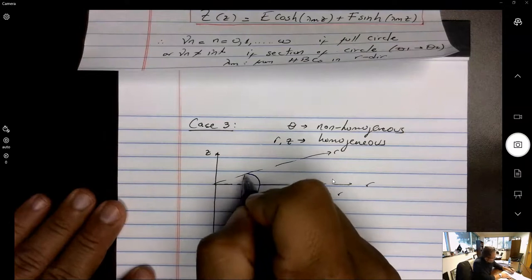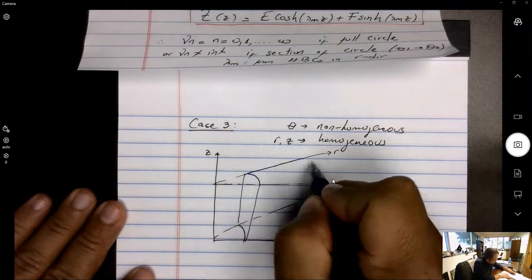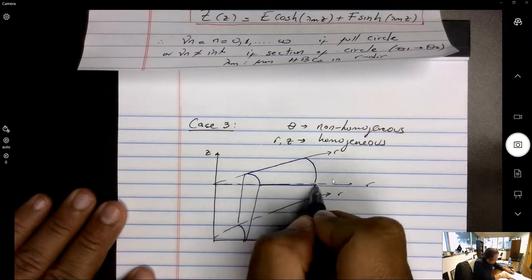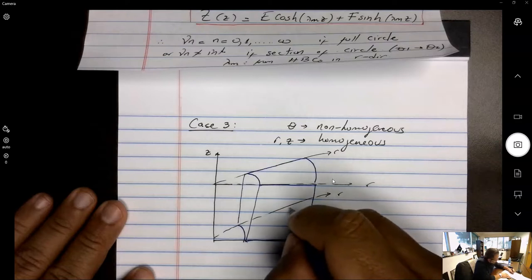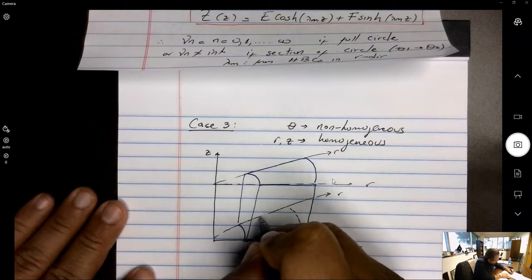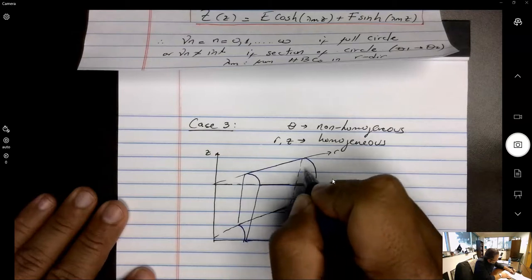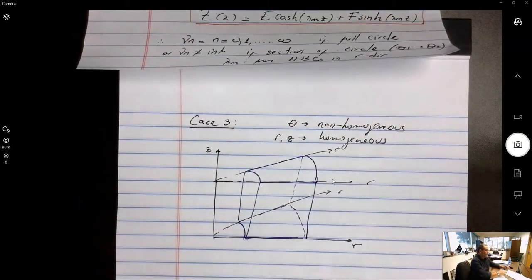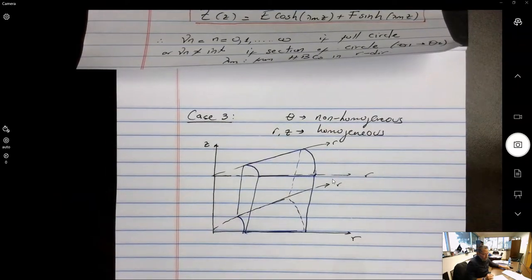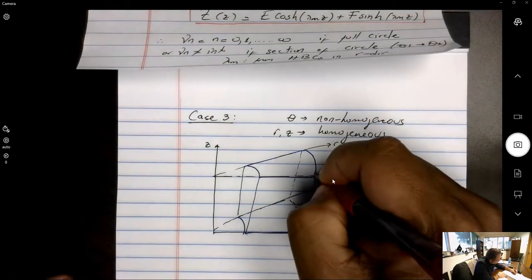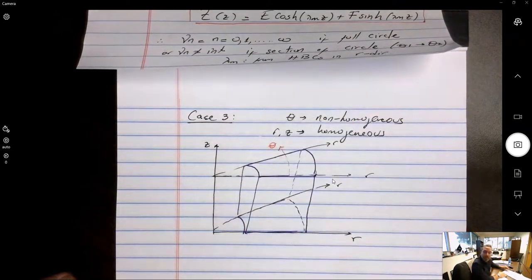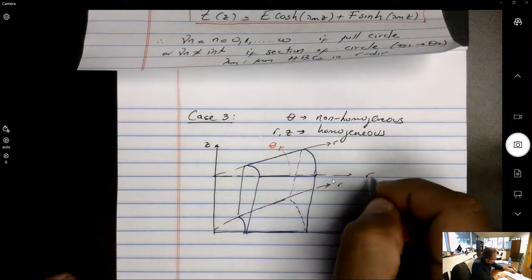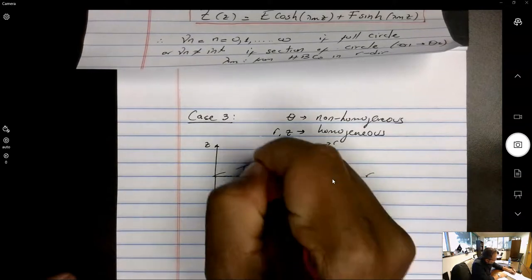A wedge of a hollow cylinder would look like this. There you go. So this is a wedge of a hollow cylinder, and this is the angle theta. This is the tangential coordinate. This will be theta 1. This will be theta 2.